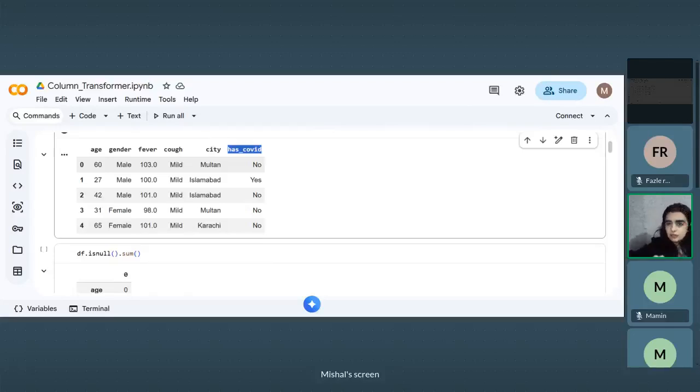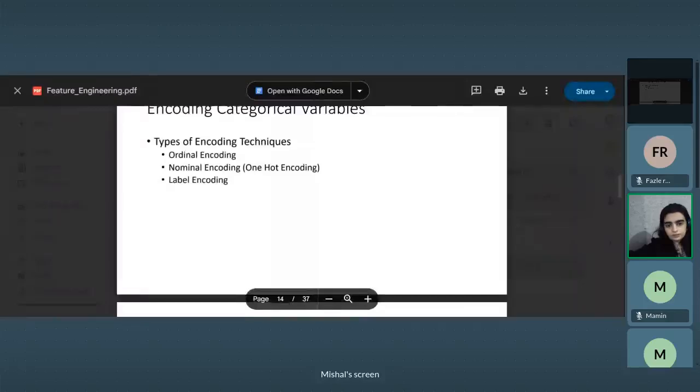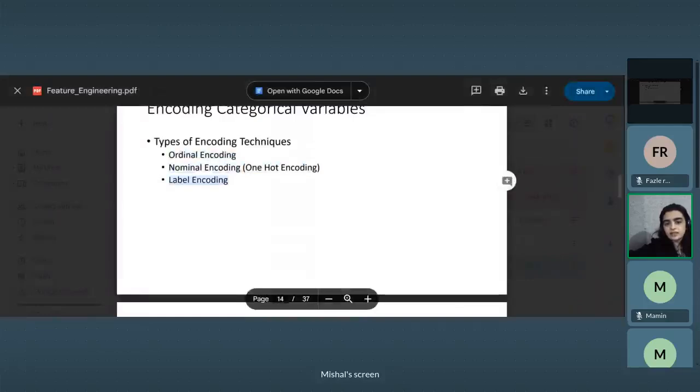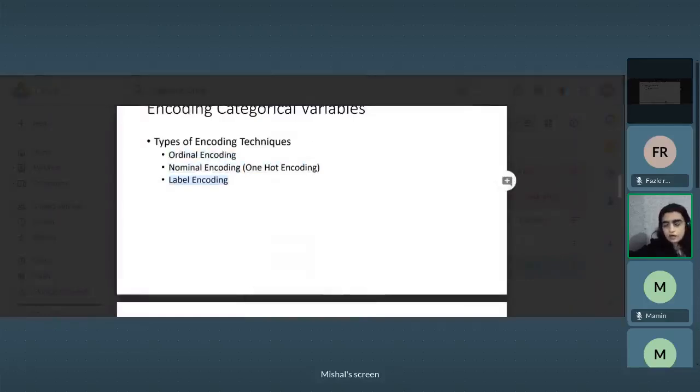At this point, we will discuss the label encoder, which we discussed before here in the slides. We have ordinal encoding, nominal encoding, and then label encoding. The output feature is known as the label.